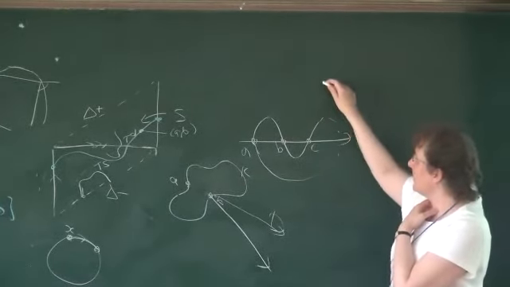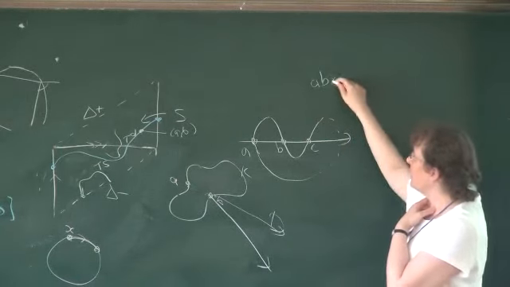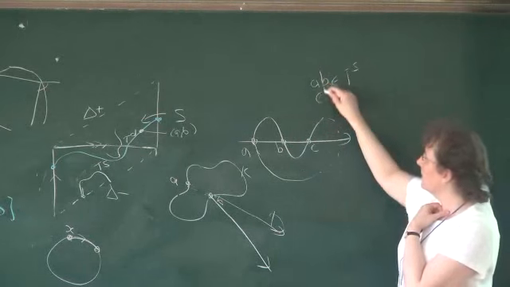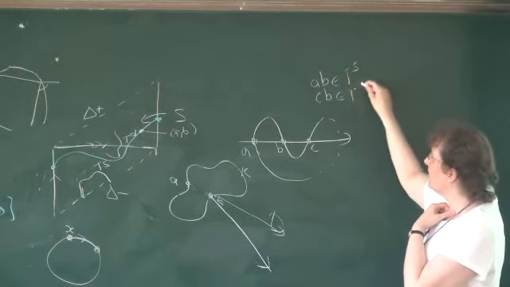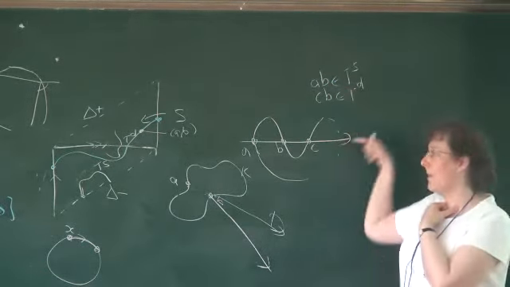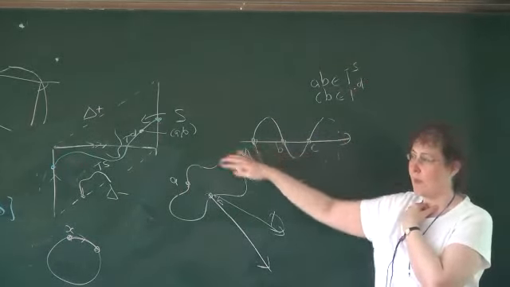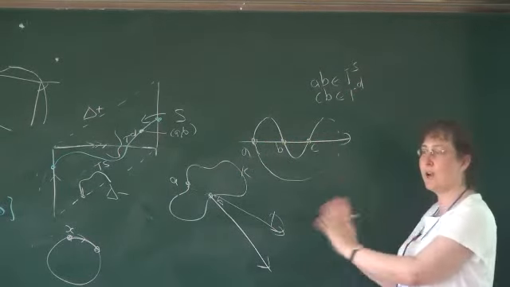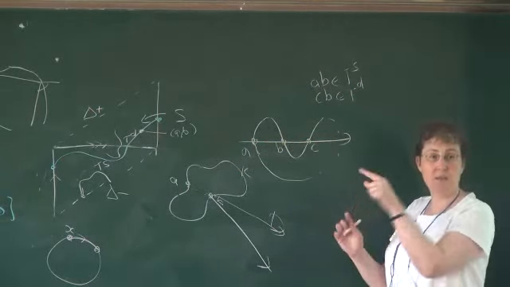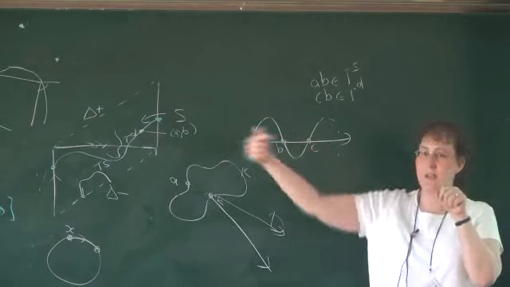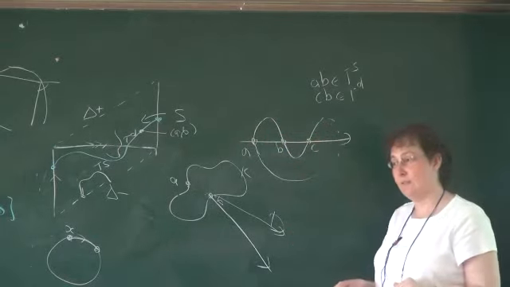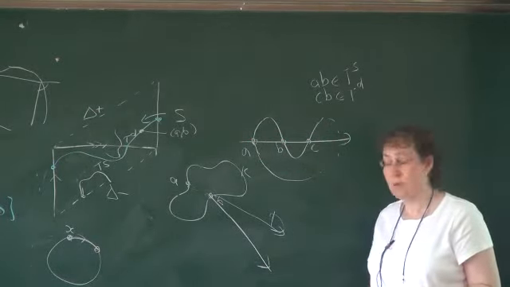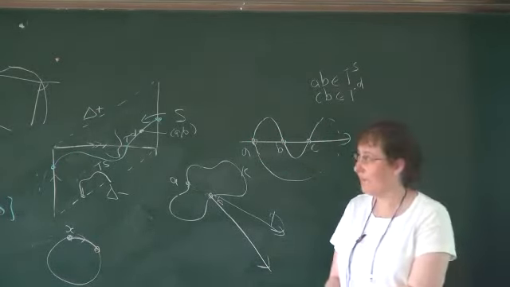AB is in TS, and CB is in TD if I walk along this way. So if I think about this tuple and don't care about the order, there's one guy you see twice. Does that make sense? Yeah.